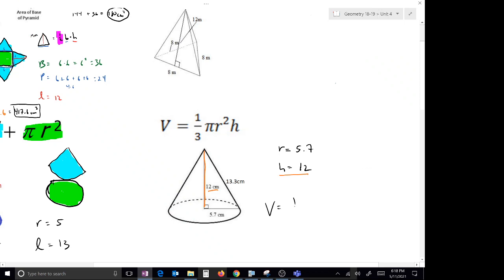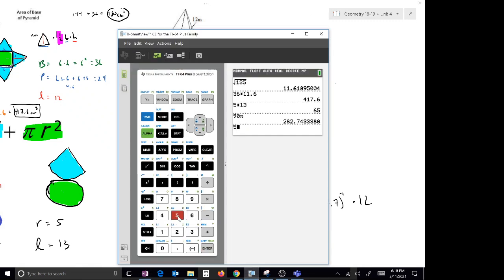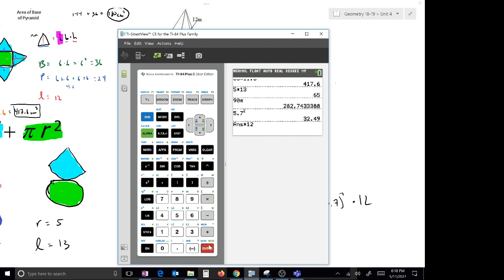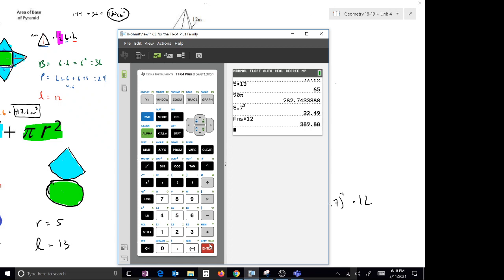So volume is going to equal 1/3 pi times 5.7 squared times 12. Well, 5.7 squared is equal to 32.49, times 12 gives us 389.88.